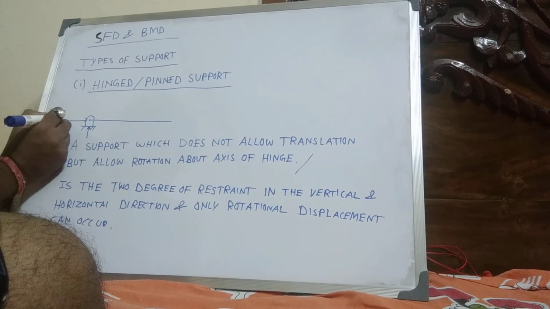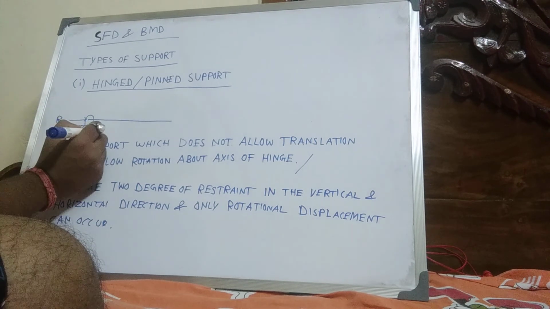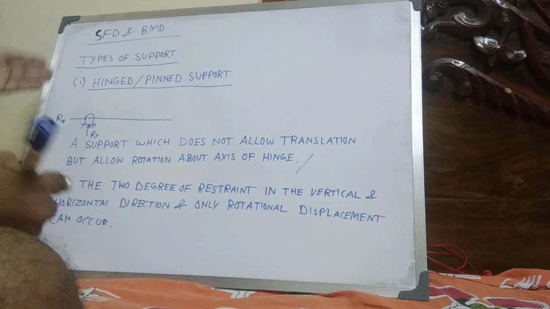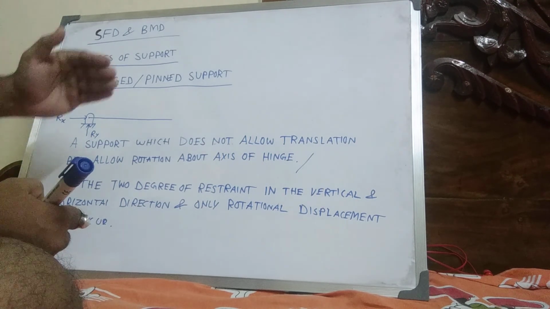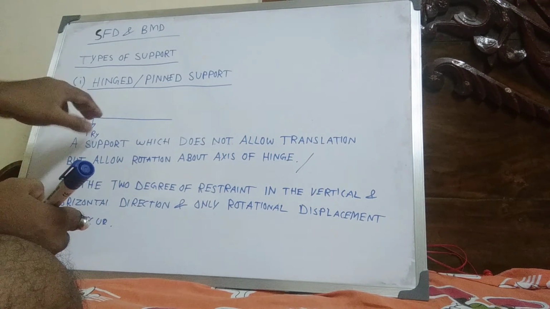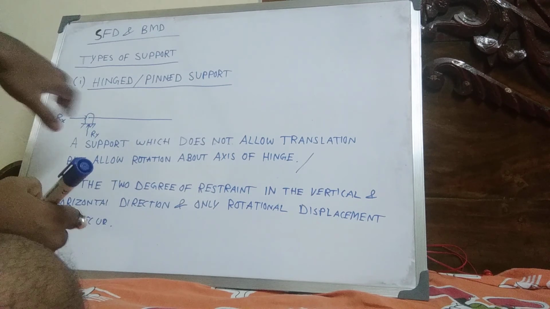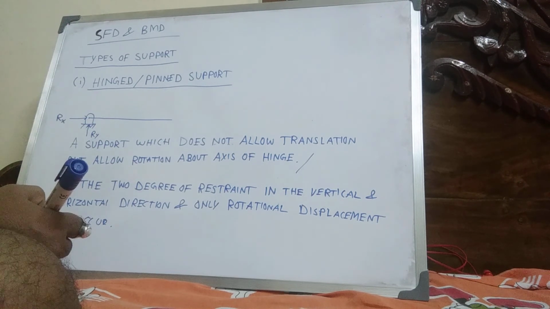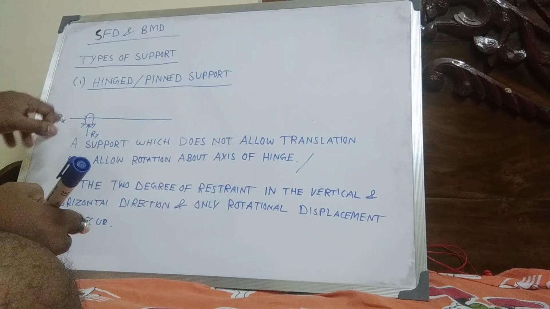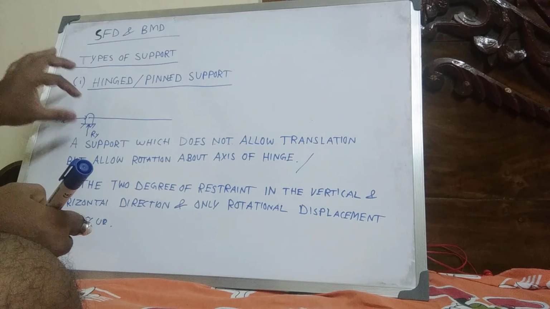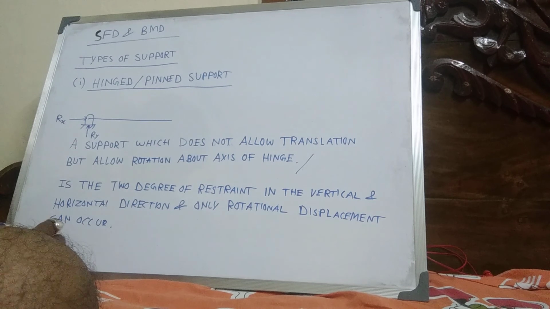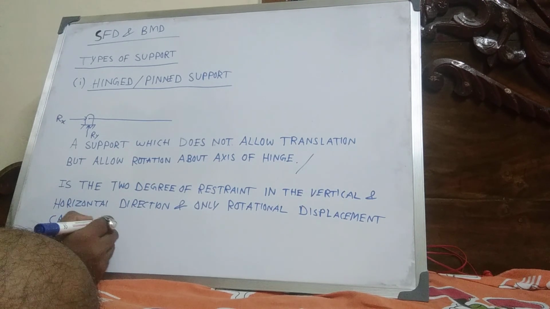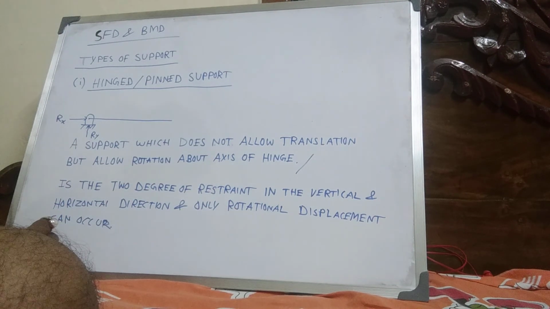So Rx and Ry are opposite in nature. You can draw the support with reactions on the left side and downward, just showing there are two restrictions here.